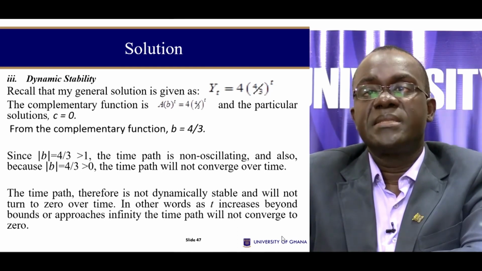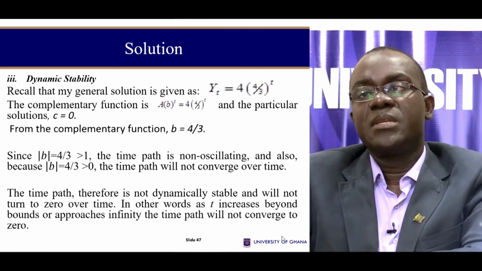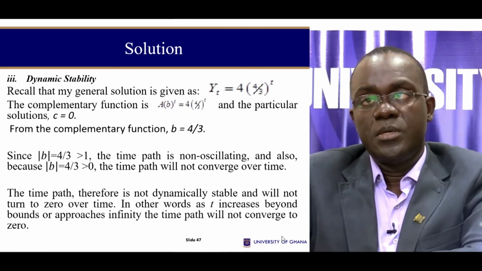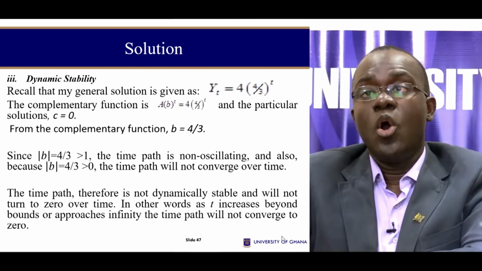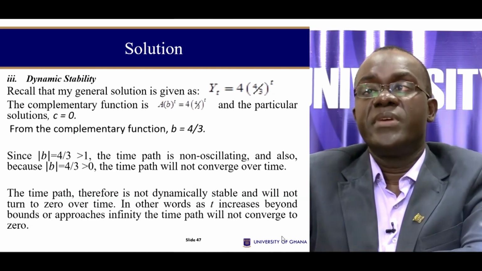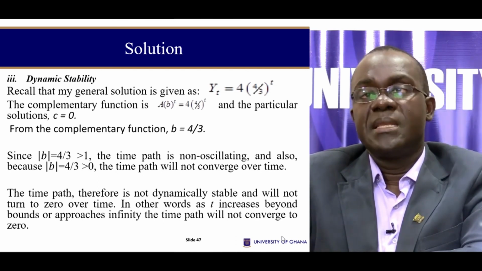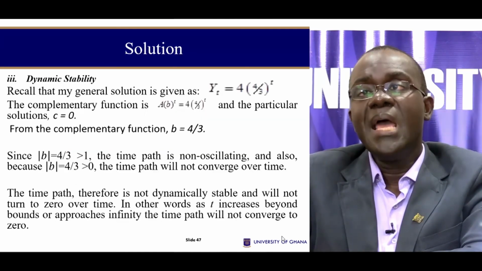Now, the second point is that 4 over 3 is also greater than 1, meaning that our function will not converge. So what it means is that this equation is not dynamically stable because it tends to infinity as t approaches infinity, and also it does not oscillate. So this is the solution to our example.